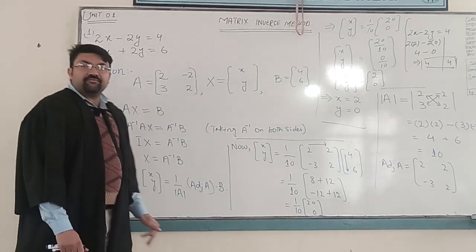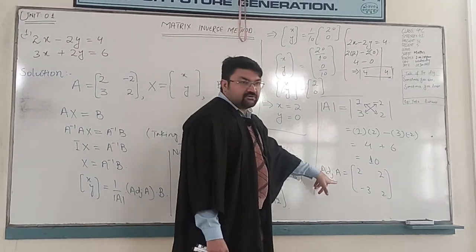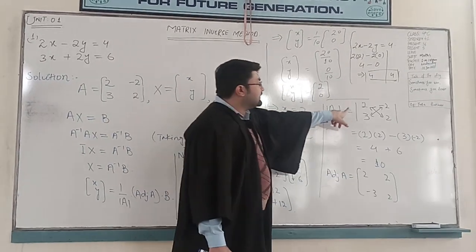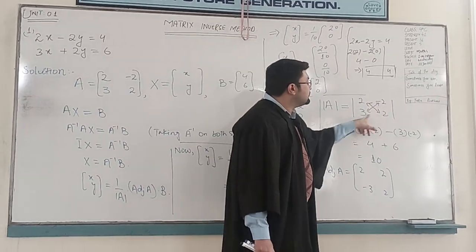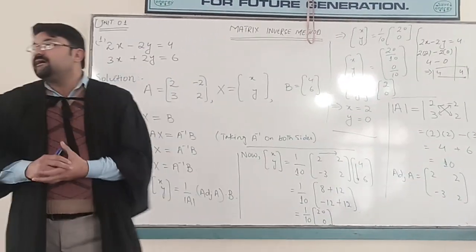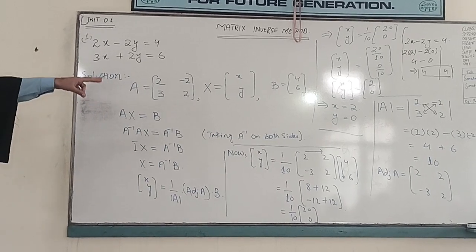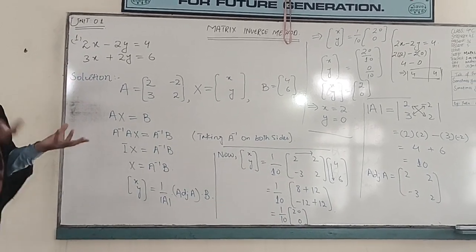Now we need to find the determinant of A and the adjoint of A. Determinant of A is |2 -2; 3 2|. The difference between a determinant and a matrix is that a matrix is a rectangular arrangement of rows and columns, while the determinant is a single real number.